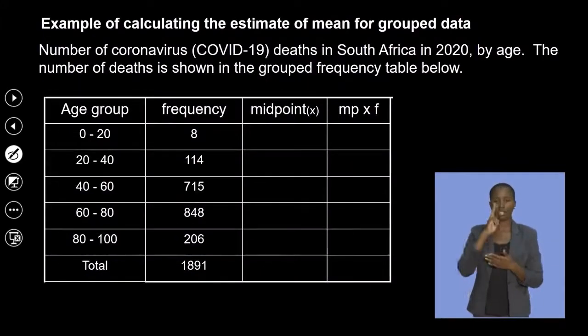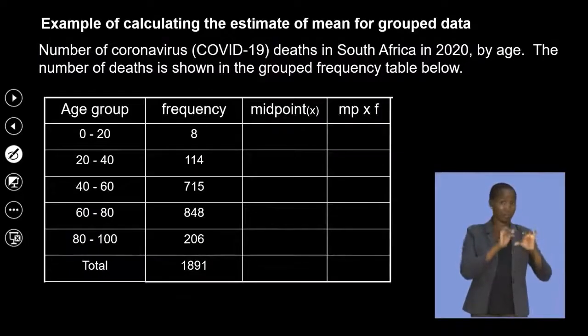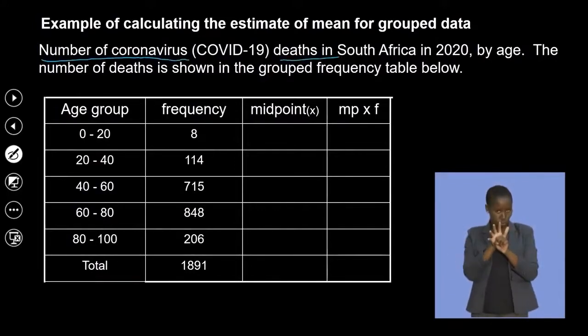This is the actual data obtained. It's grouped for us according to age and frequencies: the number of COVID-19 deaths in South Africa in 2020 by age. The number of deaths is shown in the grouped frequency table.